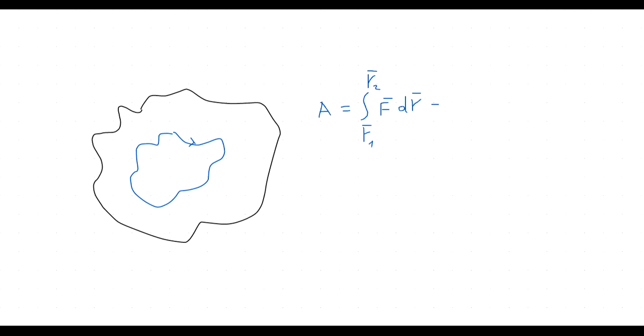It will be electric charge multiplied by the integral from initial position to final position of electric field intensity multiplied by dr. Okay, and what if we have a closed trajectory?